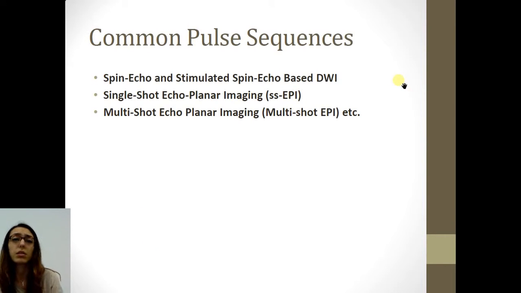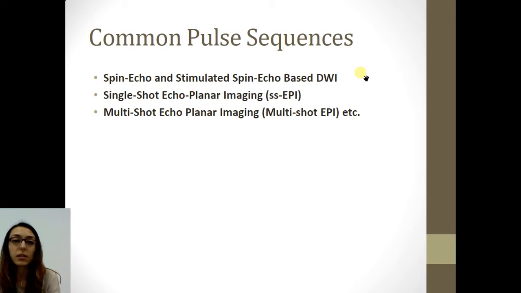So what are the common pulse sequences used in diffusion-weighted imaging? Okay, so spin echo and stimulated spin echo based diffusion weighting, let's say, these are the first pulse sequences that were used in DWI. That's why I put them here.